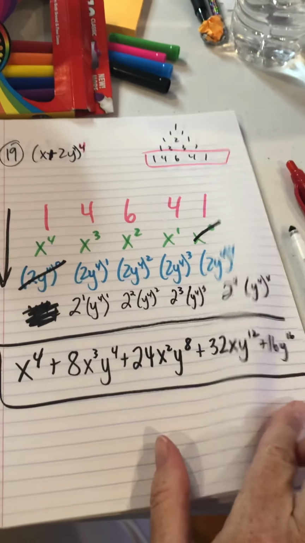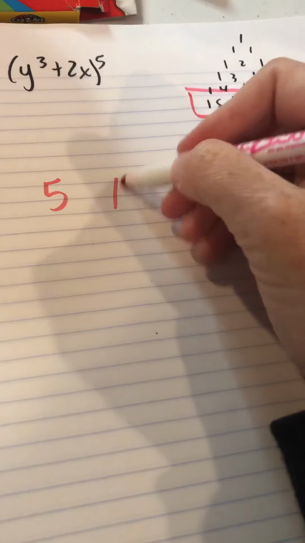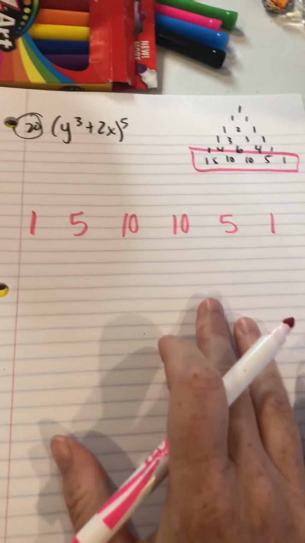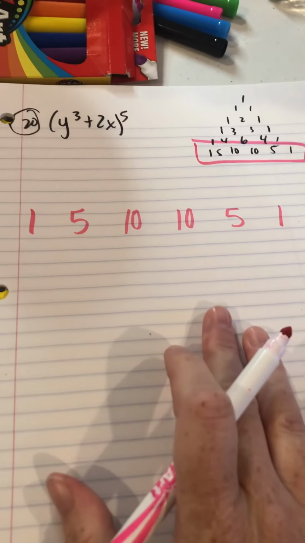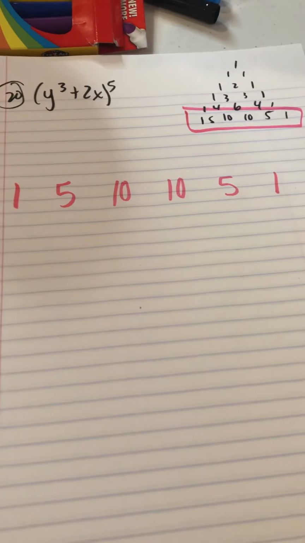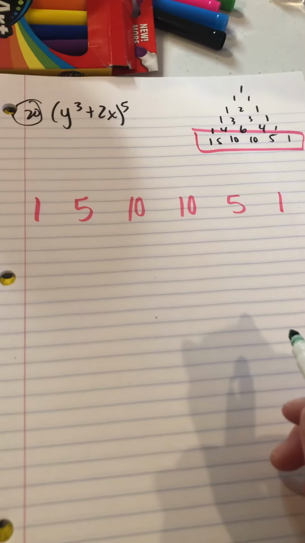Okay, last one. Hopefully no one calls. Let's see. So I've got 1, 5, 10, 10, 5, 1. If you've just been watching it to now, I would suggest you pause right now and try this yourself. See if you can set it up and get the right answers, because this is a kind of minorly more difficult. Okay, I'm going to pretend you did.